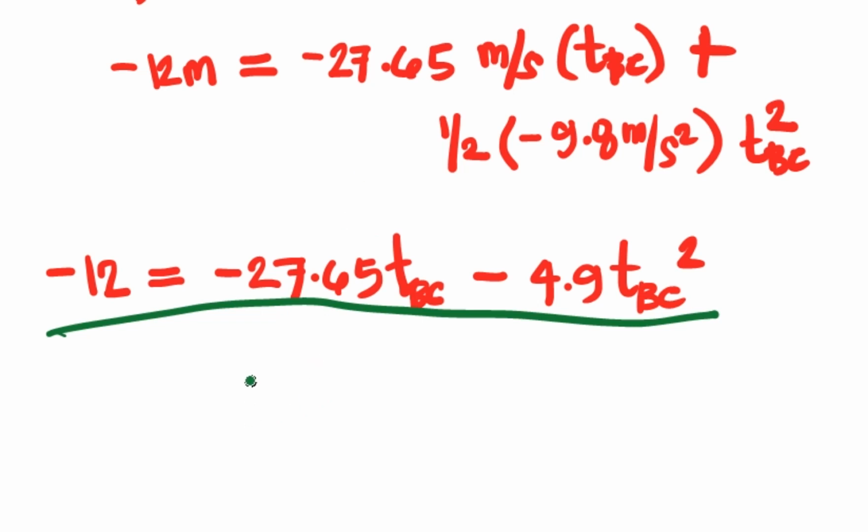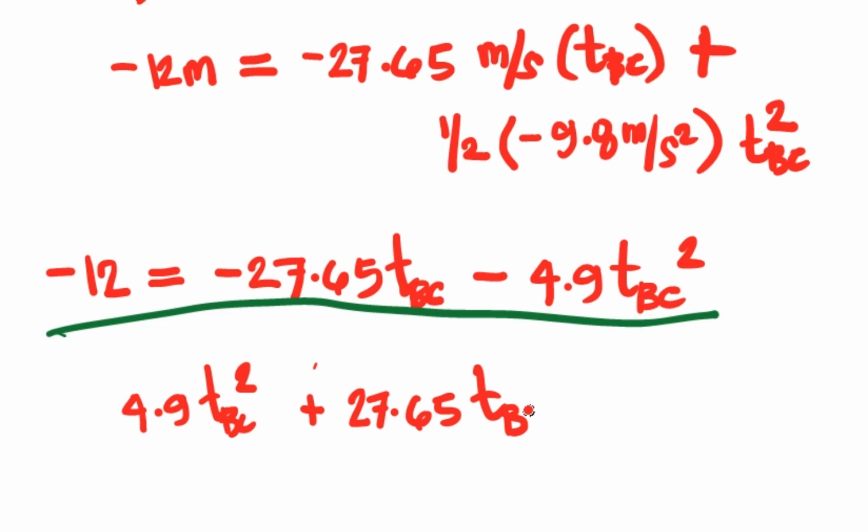If we transpose these terms to the left side of the equation, this will become 4.9 TBC squared plus 27.65 TBC minus 12 equal 0.